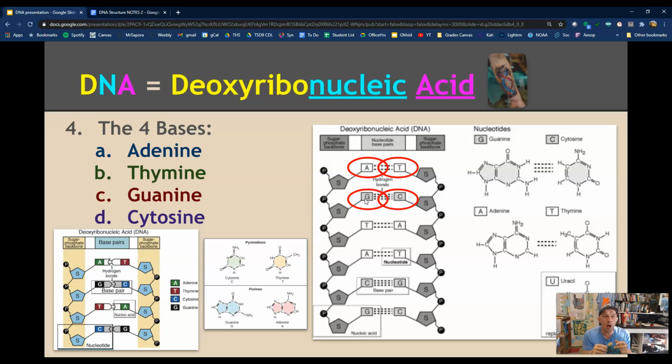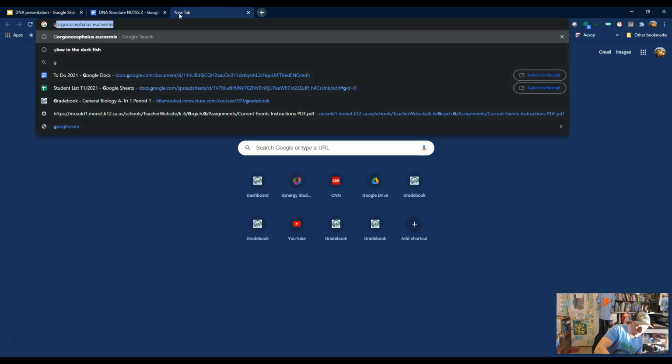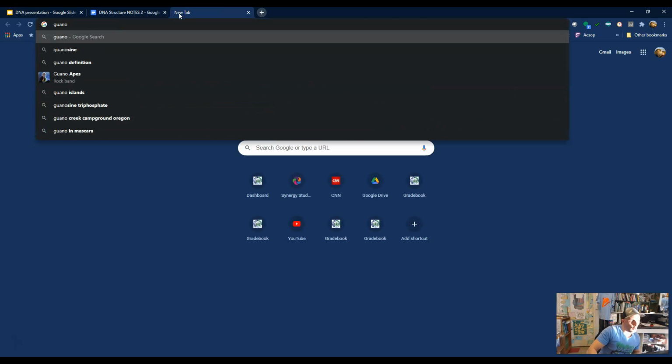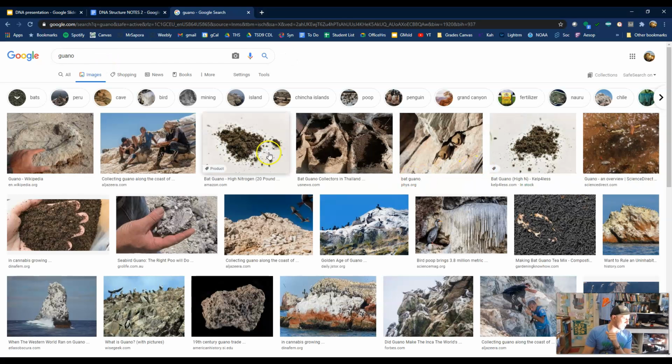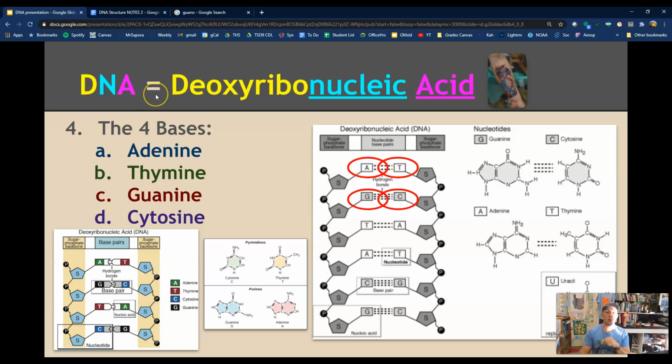Another fun fact, guanine. You may have heard of a substance called guano, and guano is, let's just look it up. Guano. Yes, that is it. Guano is bird poop or bat poop, and it is exceptionally high in nitrogen because it is exceptionally high in guanine as a waste product given off by metabolic processes, and it's used as a fertilizer around the world.